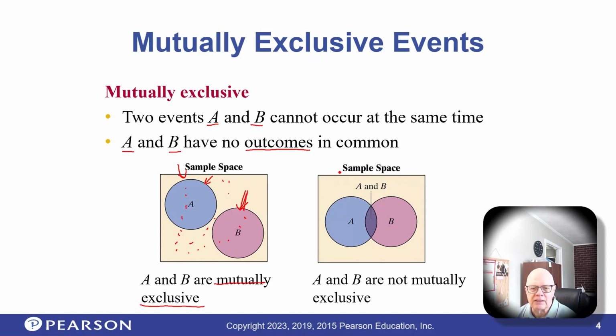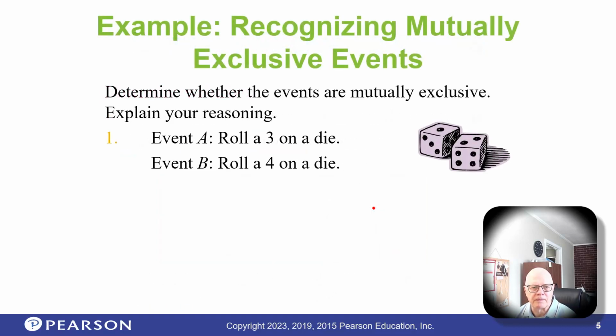On the other hand, over at this sample space, these events A and B do have outcomes in common, right there where they intersect. Well, that gives you a little bit of an idea, but we'll get something better for you. Here's a good example.